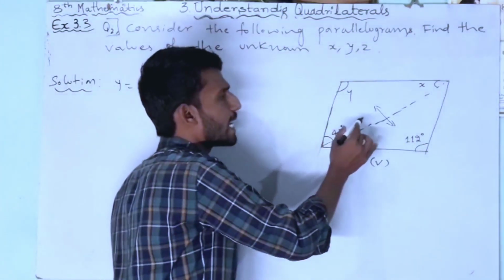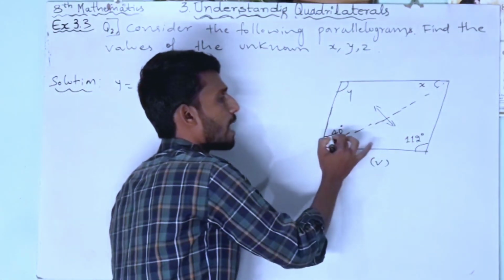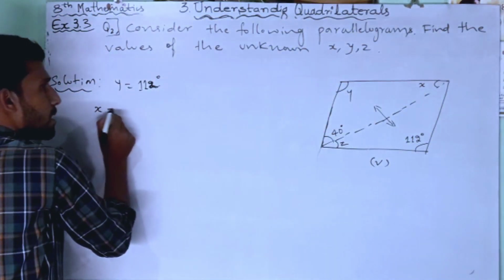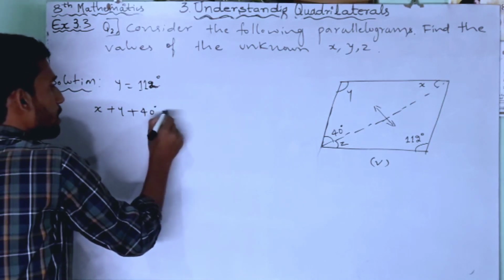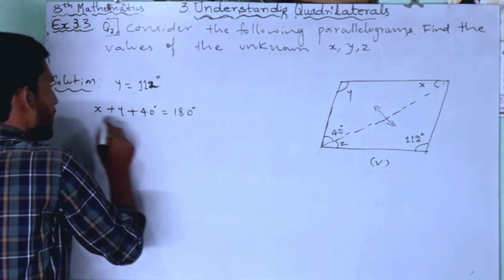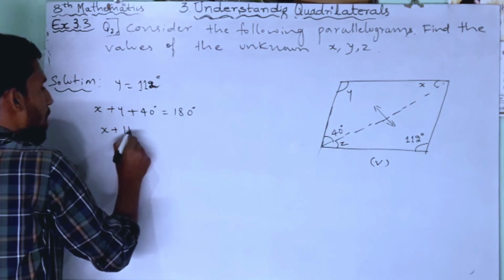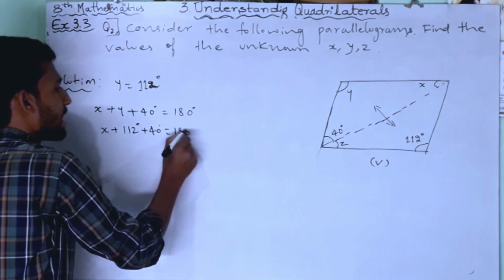According to the angle sum of a triangle, it is 180 degrees. I am taking these three angles. Now we can write X plus Y plus 40 degrees is equal to 180 degrees. We have to find the X value. The Y value is 112 degrees plus 40 degrees is equal to 180 degrees.